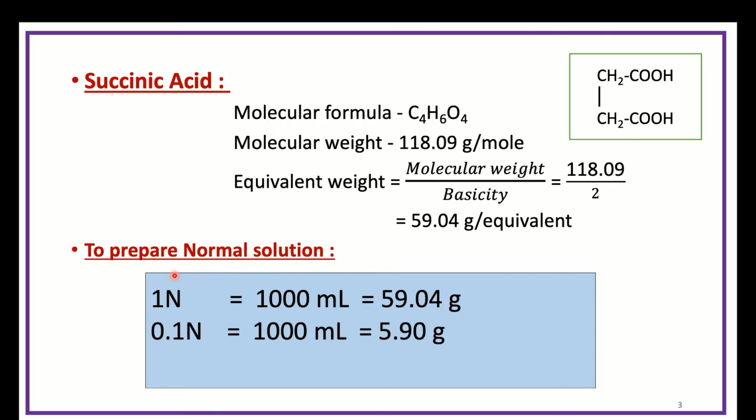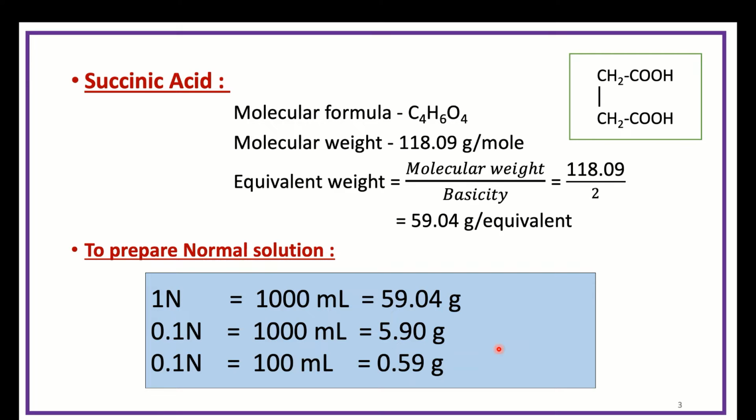From this, if we want 0.1 normal solution of 1000 ml, we have to take 5.90 grams. In the same way, for 100 ml of 0.1 normal succinic acid solution, we have to dissolve 0.59 grams of succinic acid. This way we can determine the amount or volume based on the normality we want to prepare.